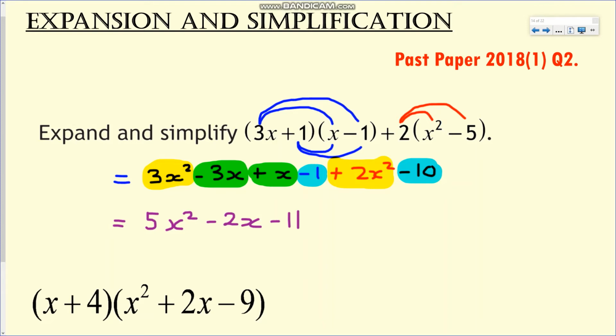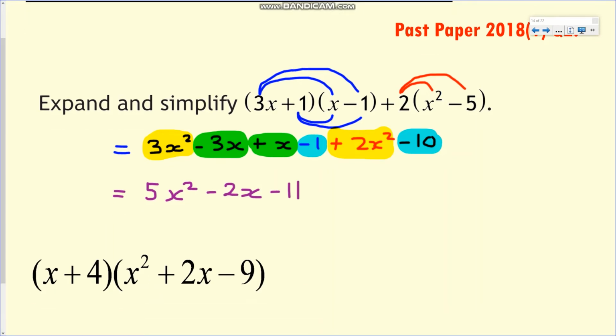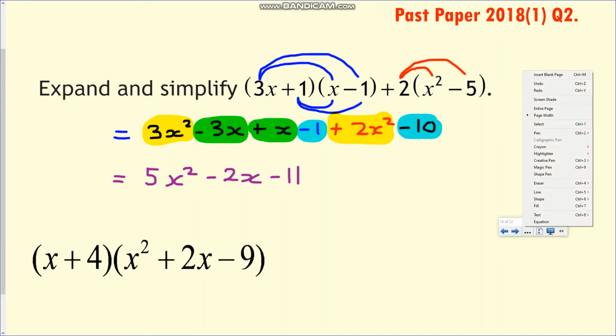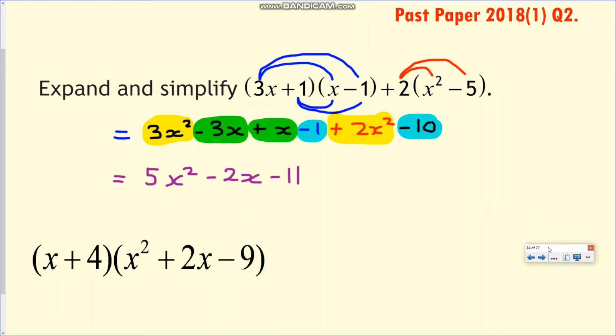In the second example here, I've got a double bracket multiplied through a triple bracket. Okay, so again, I'm going to expand and simplify this expression. If you need a little bit more time on the first expression, then make sure that you pause the video here, but I'm going to move on to the next one.